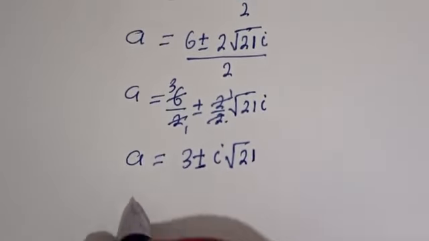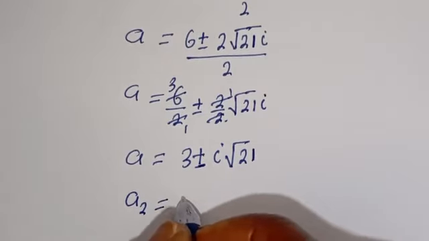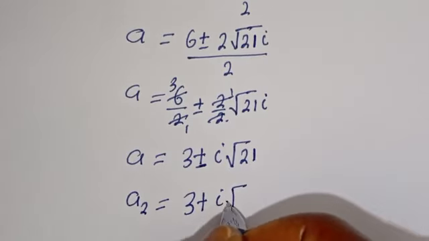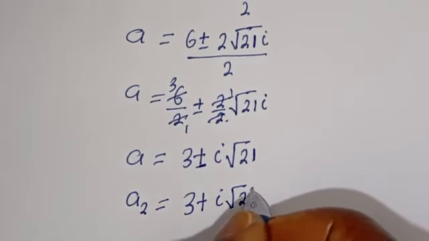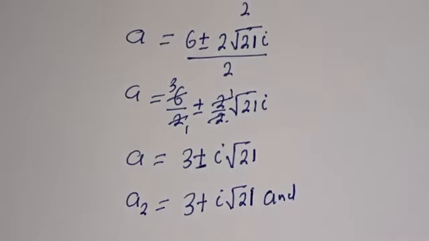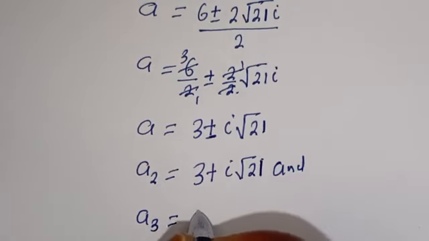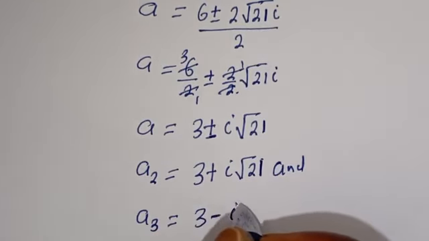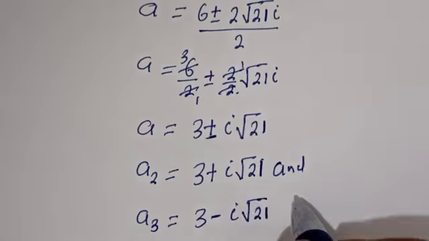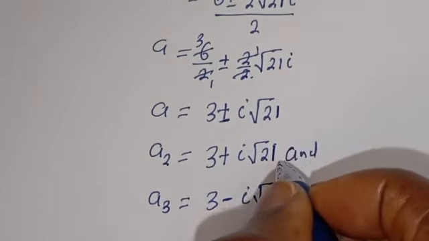So a2 is equal to 3 plus i root 21, and a3 is equal to 3 minus i root 21. We can see that these are complex solutions.